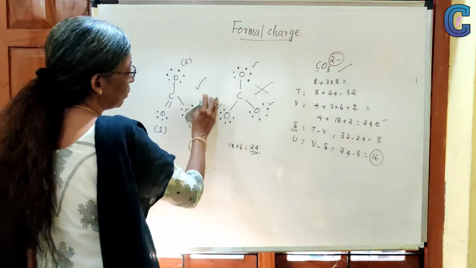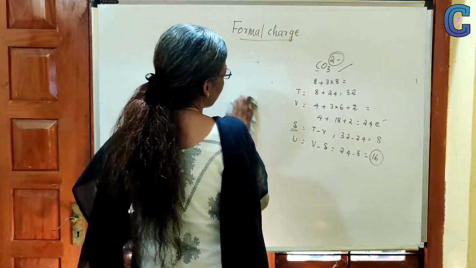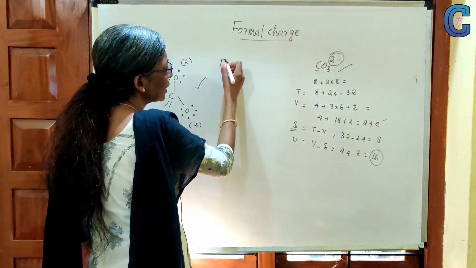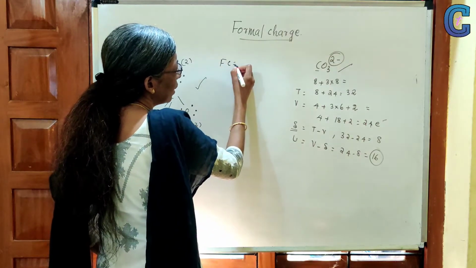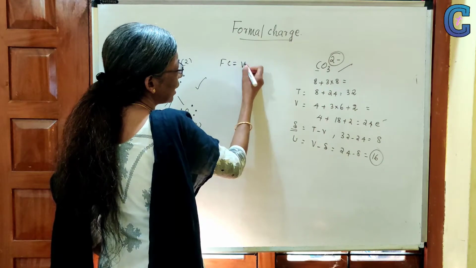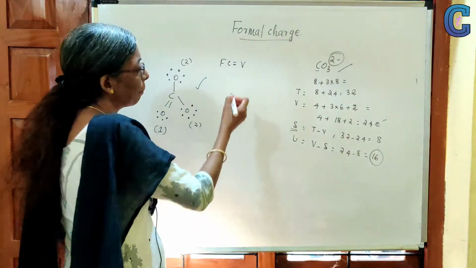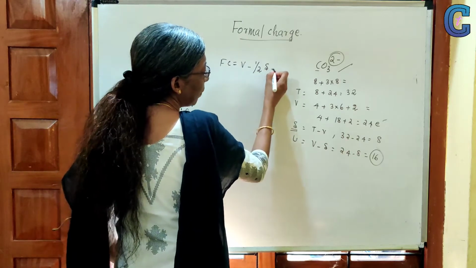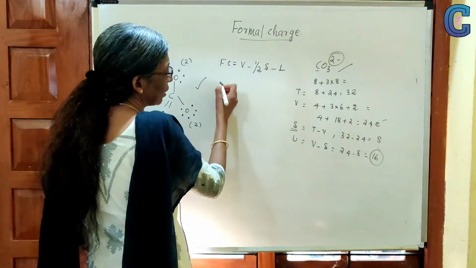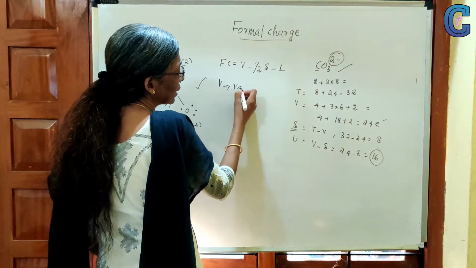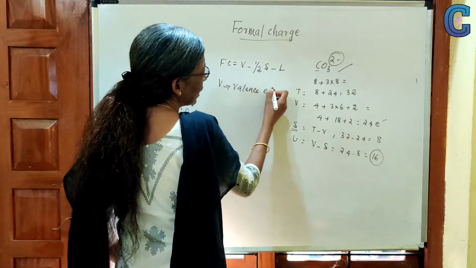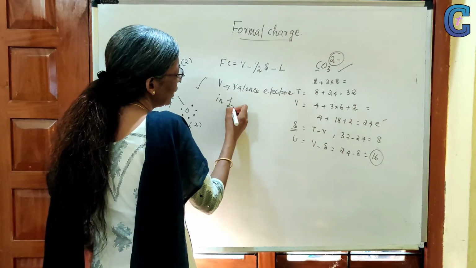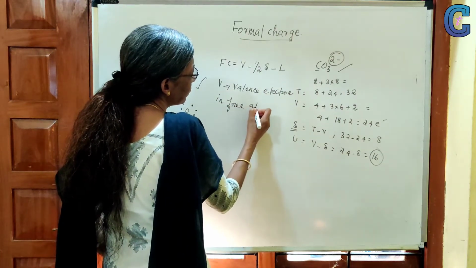So now let us see the formal charge. The formal charge formula is: formal charge is equal to valence electron in free atom minus half into shared electron minus lone pair of electrons. V is for valence electron in the free atom.